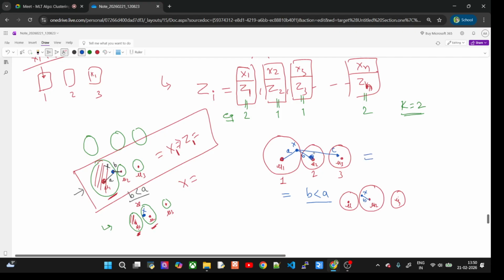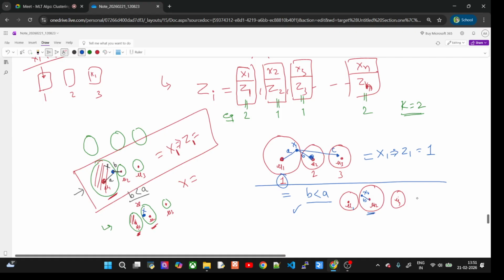But when this x1 point was here, it had a cluster indicator z1, which is nothing but 1, that was the value. But now when you calculated the distance, you found that A is bigger than B, and B is smaller, so you add x1 to the mu2 cluster.